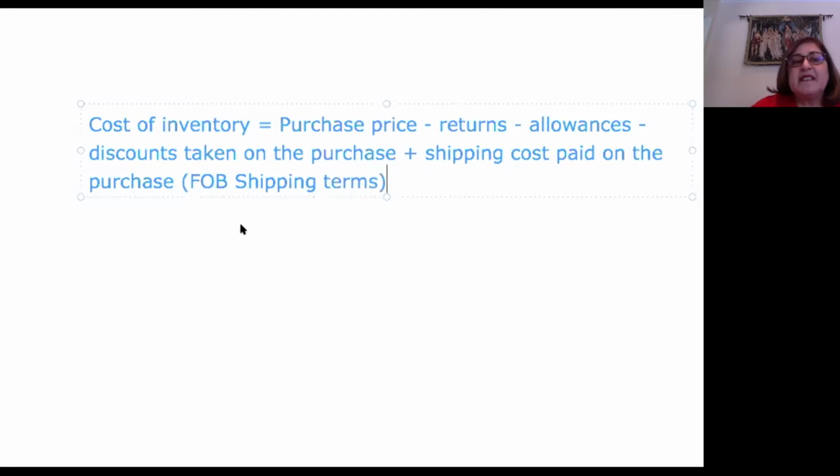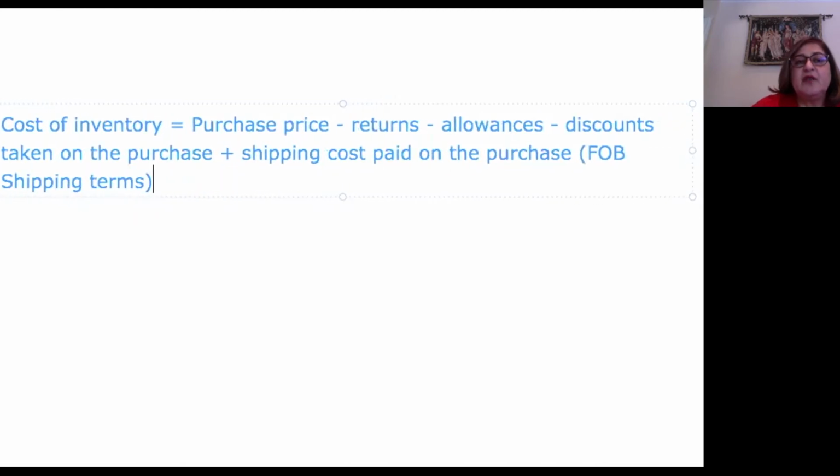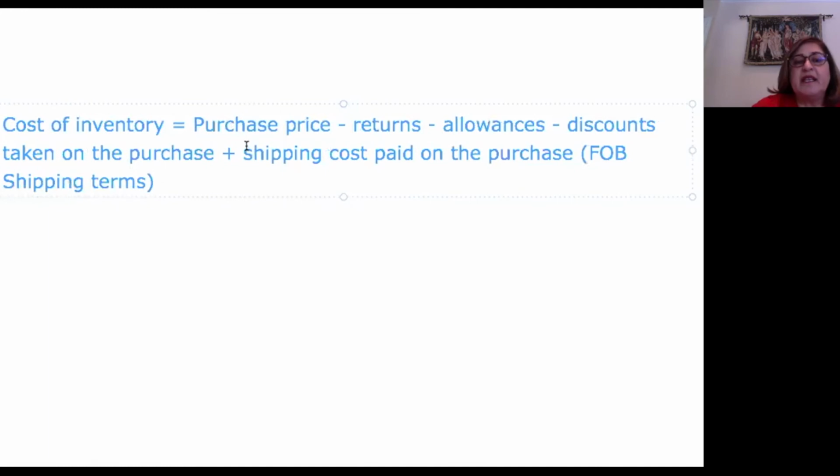Does this make sense, guys? So when we want to know what is the cost of our inventory, it doesn't include only the purchase price. It includes the shipping cost, but we have to reduce it by the discount that we took.